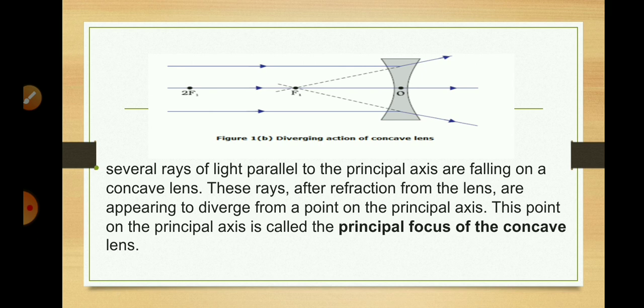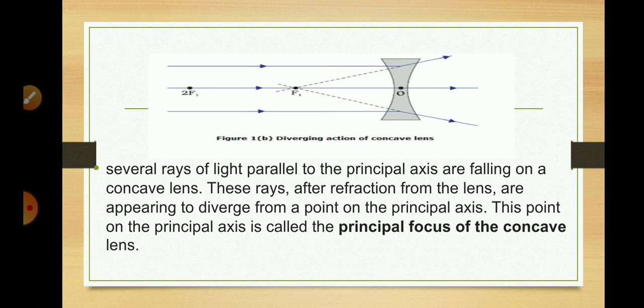Now for the concave lens. When several rays of light parallel to the principal axis fall on the concave lens, these rays after refraction from the lens appear to diverge from a point on the principal axis, and this point is called the principal focus of the concave lens.